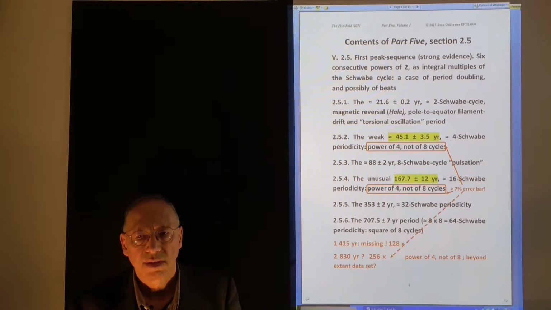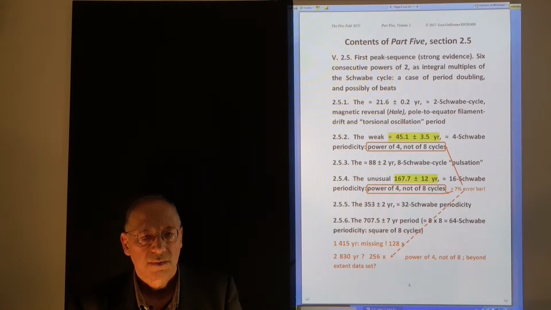There is, as you can see, an error bar of about 7% in both cases, plus or minus 3.5 years and plus or minus 12 years, which is much larger than in the other cases. And for the two longer periods, as just said, we have instead very sharp peaks.